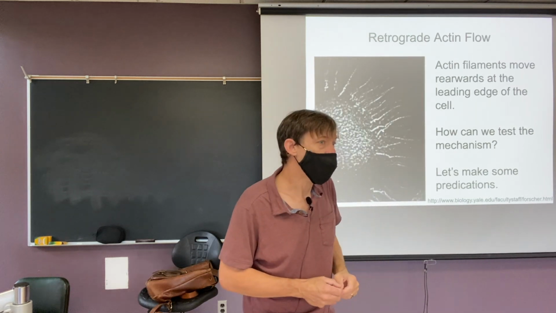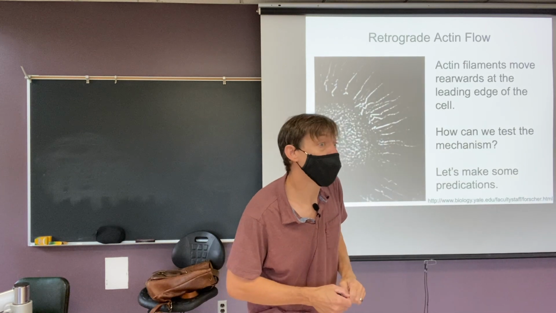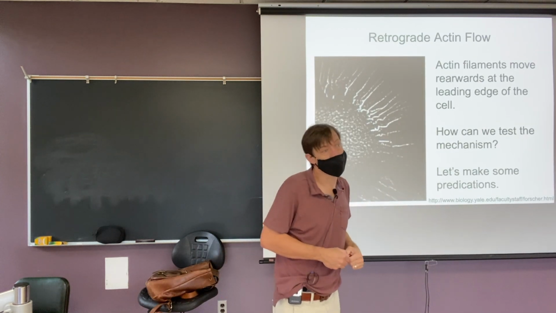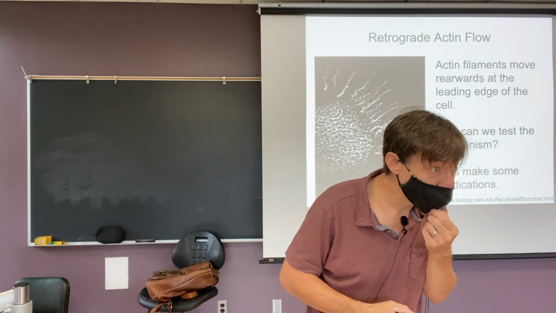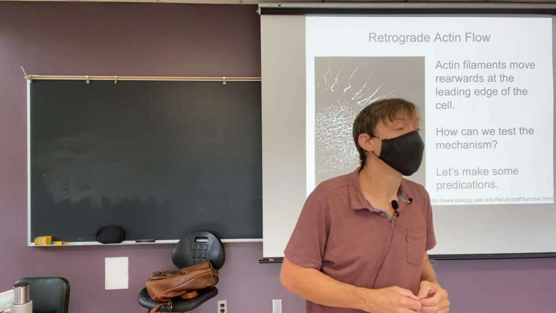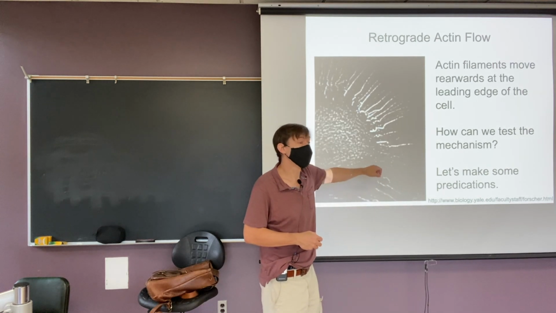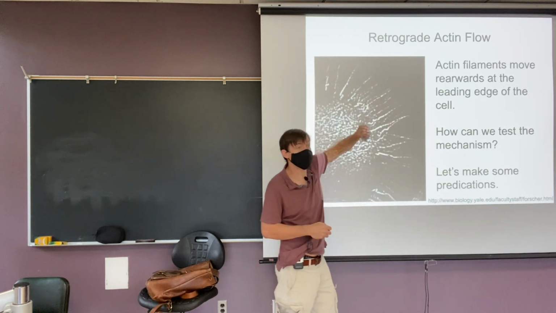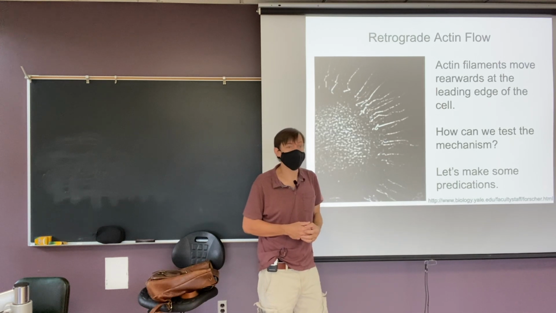Maybe the velocity of fluid flow around this region. The velocity of fluid flow, so are you talking about the extracellular media, the water flow? The intracellular media, like cytoskeletal flow. Yes, and in fact, that's what we're looking at here. These are actin filaments that have been fluorescently labeled. I should maybe explain that a little bit.